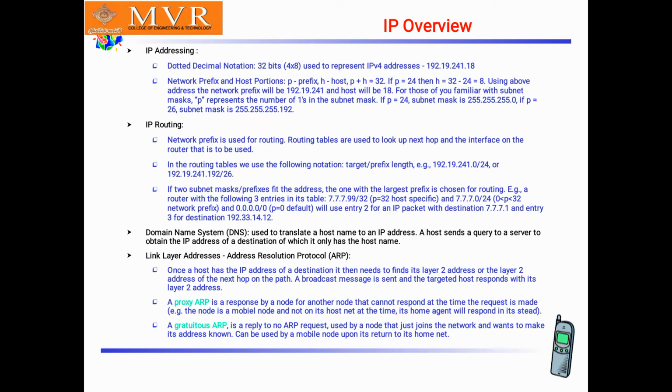IP addressing uses dotted decimal notation; if it is 32 bits, that means 4 times 8. It is represented as an IPv4 address.